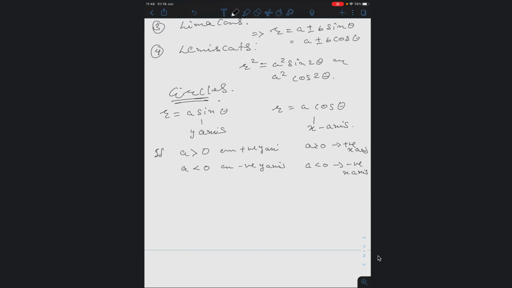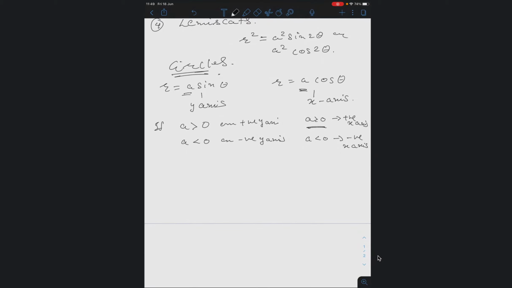Depending upon the value of a, you decide whether to draw that circle on the negative or positive axis. If a is positive, it will be on the positive y-axis, and with a cos term and positive a, the circle will be on the positive x-axis. Similarly, if a is negative, it will be on the negative axis. Understood? Now this a actually determines the diameter. a is nothing but the diameter.